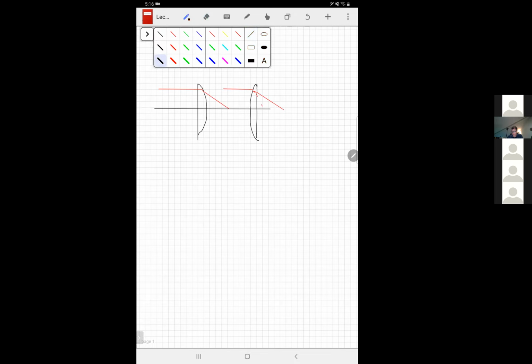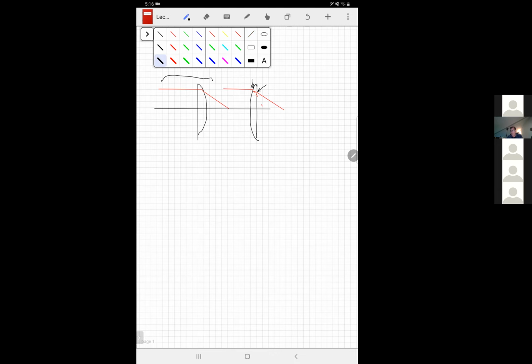What am I trying to say? What I'm trying to say is that in the case on the left, if we only ask what happens at the curved interface, you're right, the case on the left produces a larger change at the curved interface. But in the case on the right, there are two changes. There's one here at the curved interface and a second change at the flat interface.